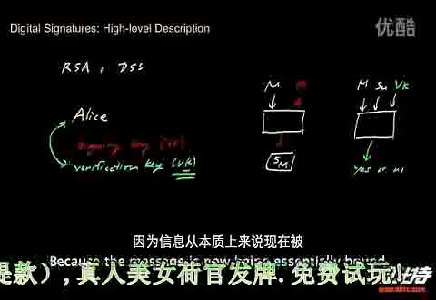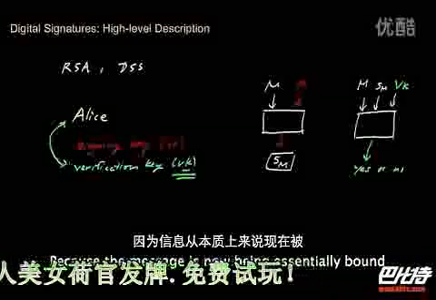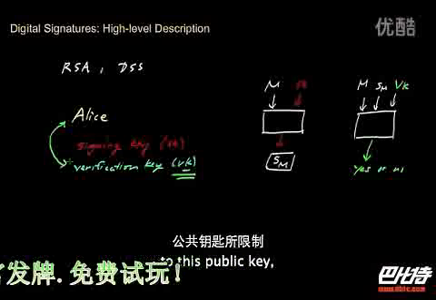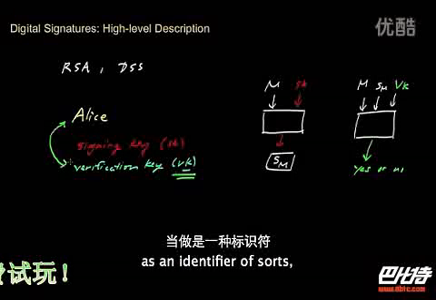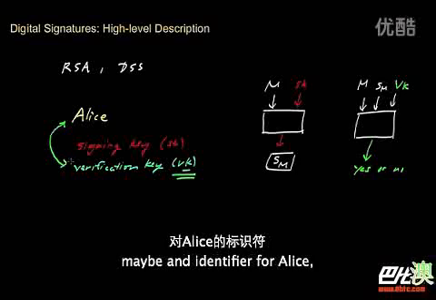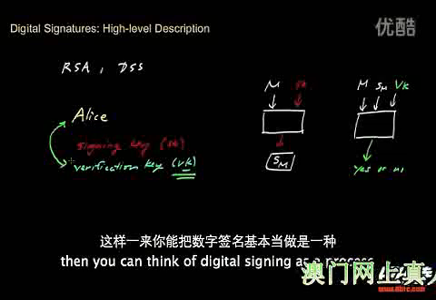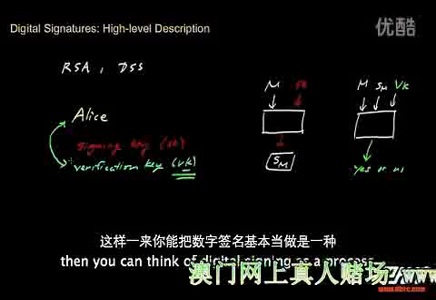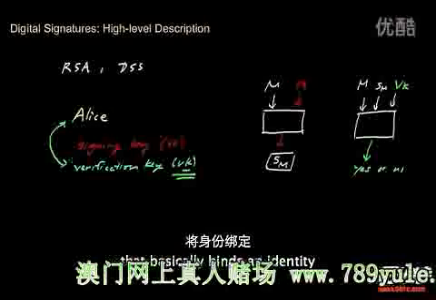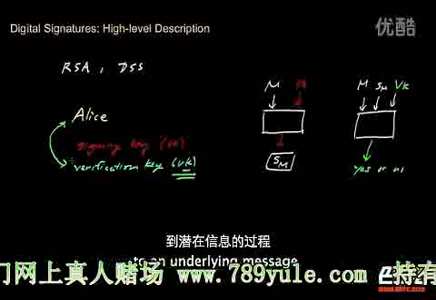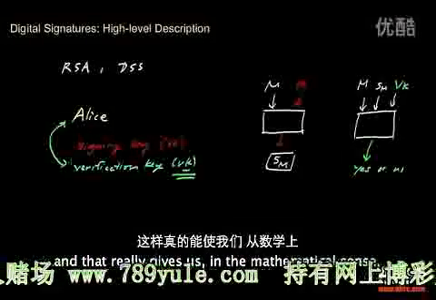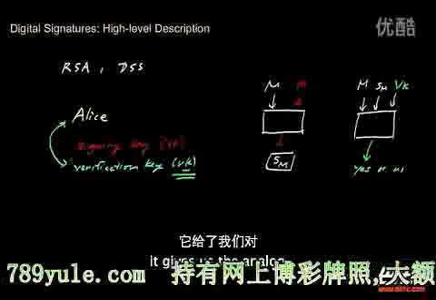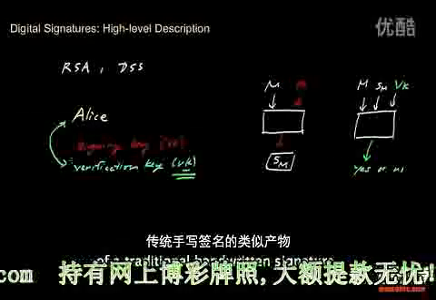Okay? And because the message is now being bound to this public key, and if you think of the public key as an identifier of sorts, maybe an identifier for Alice, then you can think of digital signing as a process that binds an identity to an underlying message. And that really gives us, in the mathematical sense, the analog of a traditional handwritten signature.